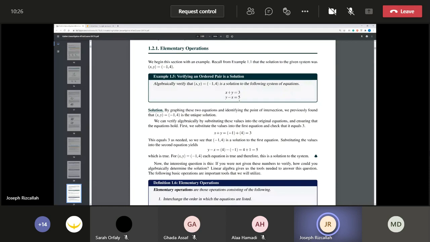And the tool is familiar to you. All we have to do is just manipulate this system a little bit. What do I mean by manipulating the system? You can think of it as transforming the system, changing it a little bit. So what can you do with the system? First of all, you can switch the order of any two equations in the system.